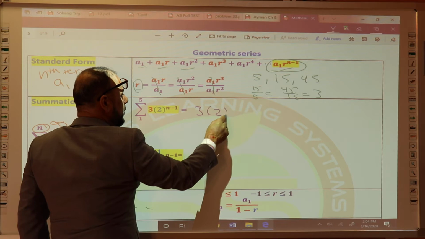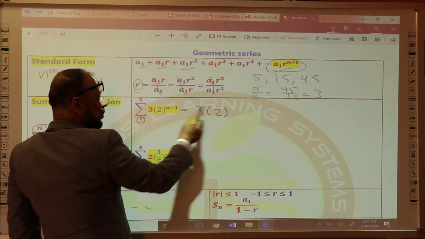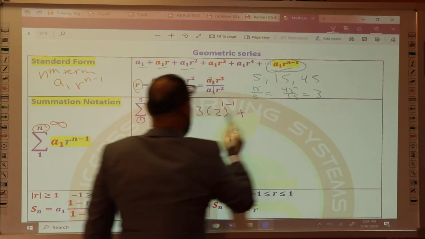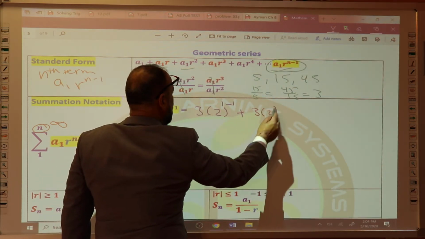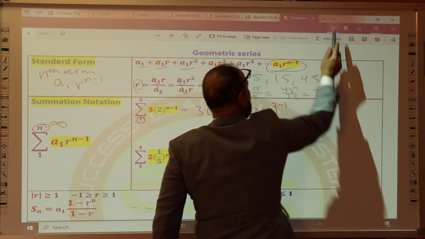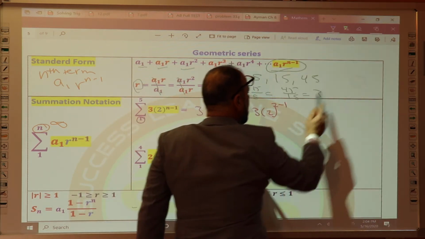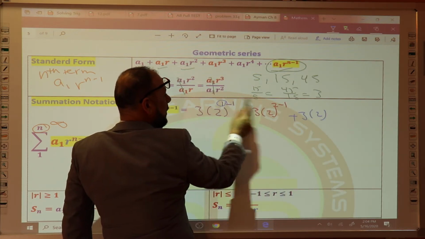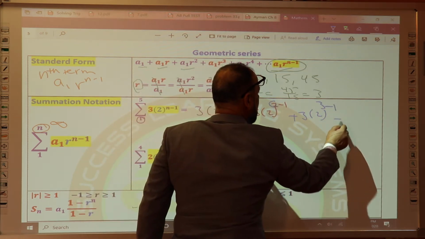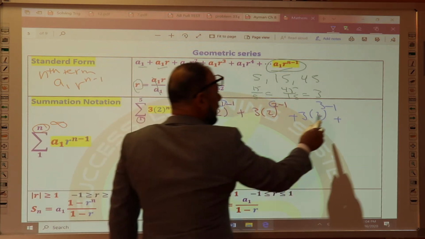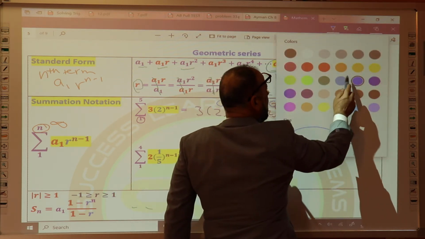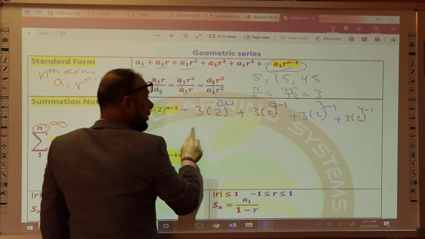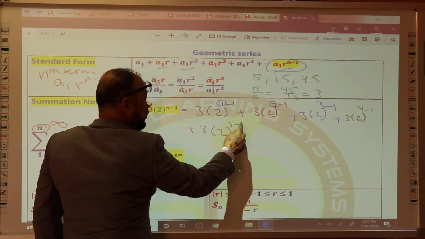Now the first one is 1 minus 1, the second one is 2 minus 1, then 3 minus 1, 4 minus 1, till you reach 5 minus 1.